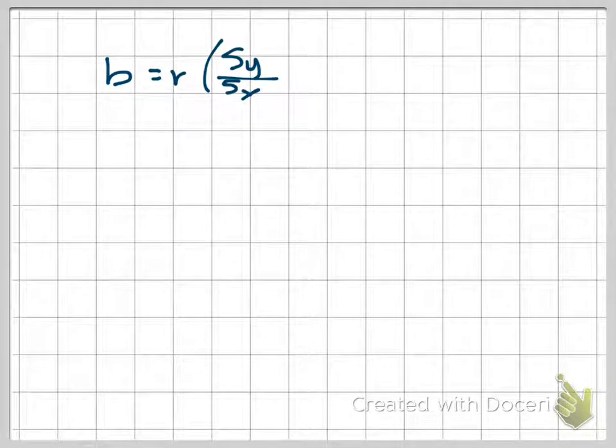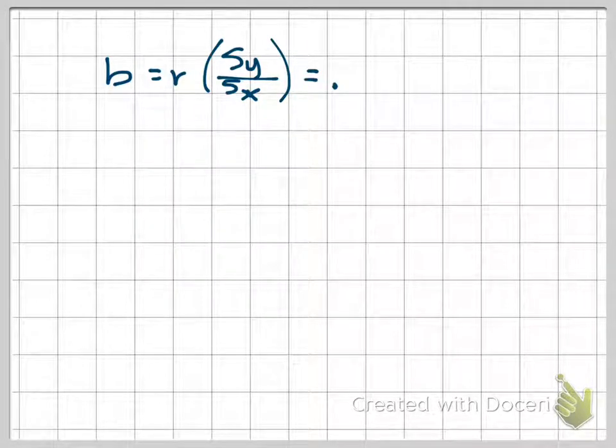Okay, so we are going to go ahead and apply these particular formulas and figure out what we have here. If we want to calculate the slope, we're going to start with B, and we know that B is R times the standard deviation of y over the standard deviation of x.